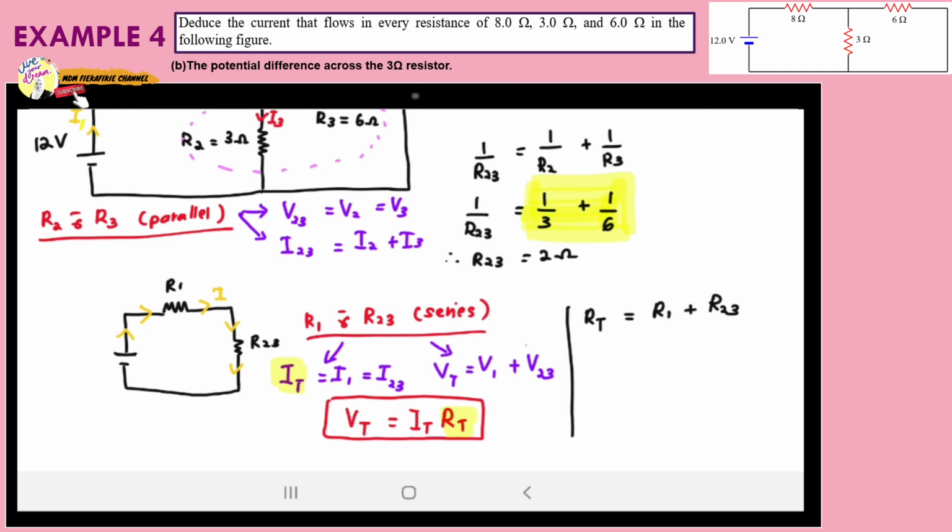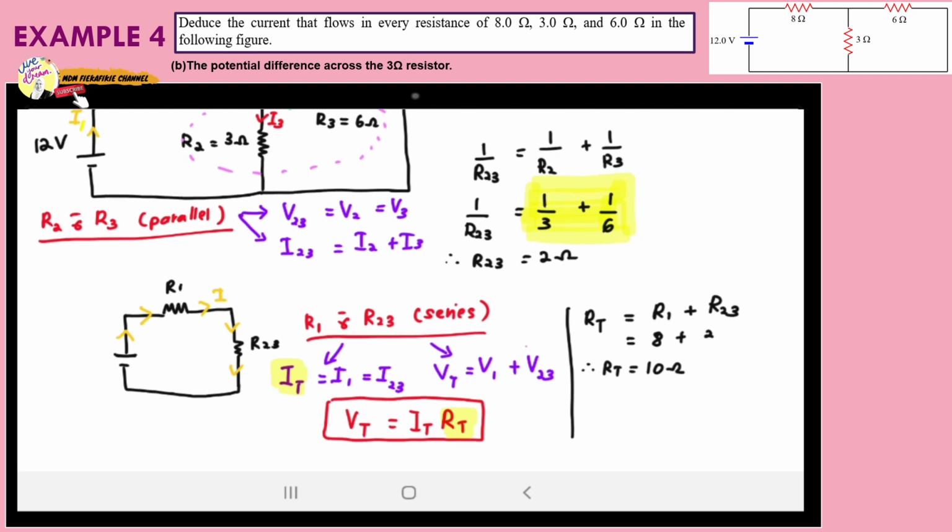So R1 is equal to 8 ohm plus 2. Therefore, R total is equal to 10 ohm. So kita belum lagi dapat jawapan sebab jawapan soalan tanya current that flows in every resistance. Kita nak cari I yang lalu dekat R1 berapa, I yang lalu dekat R2 berapa, and I yang lalu dekat R3. So now bila kita dapat R total, saya akan kira lah.